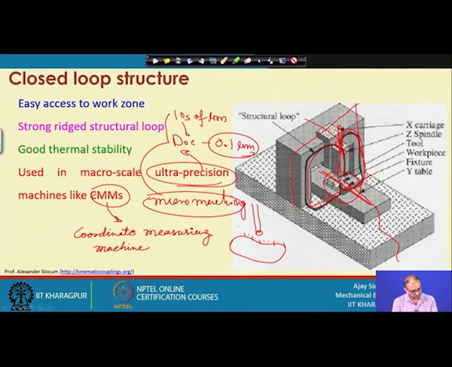So, this is the difference here. When you are working with a very small depth of cut or small feature machining, at that time more stability is required. So, ultra precision machines are also very stiff in terms of the movement or the machining characteristics. So, that is very important.